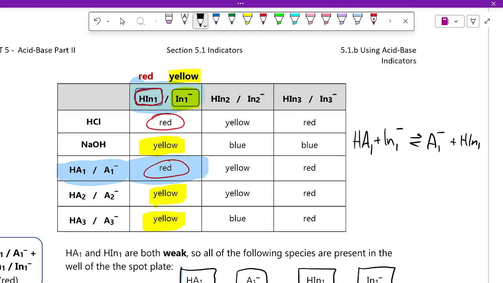Once you have that set up, you can label your things as red and yellow because you have that information from before, right? We know that In minus is yellow, and we know that HIn is red. So what do we see when we mix these two together?